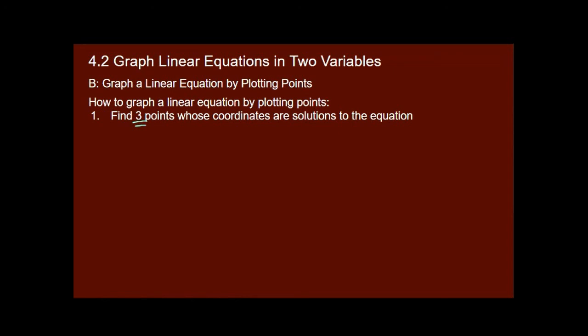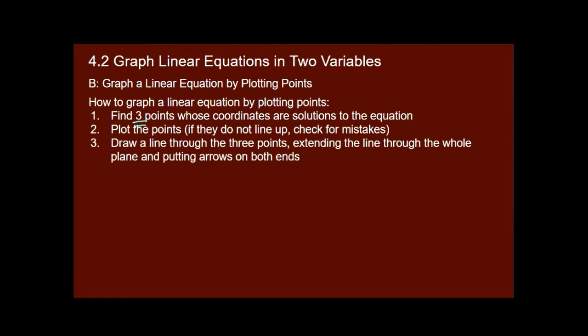Remember, that's going to end up being an x and a y coordinate. Next, plot the points. If they do not line up, check for mistakes, which I already mentioned. And then draw a line through the 3 points. Now, this is important. You need to extend the line through the whole plane and put arrows on both ends.